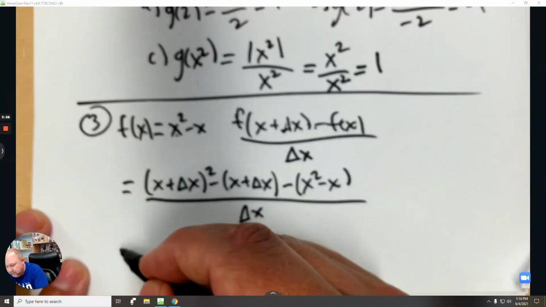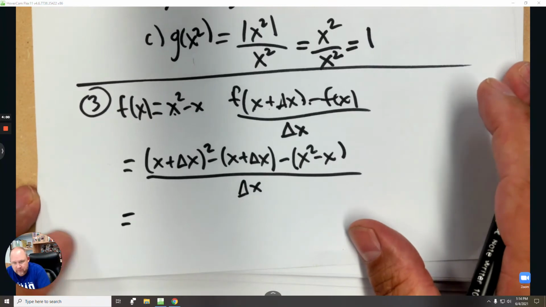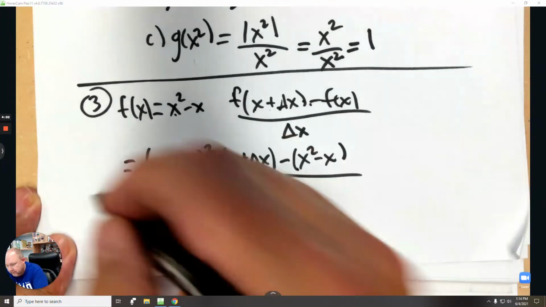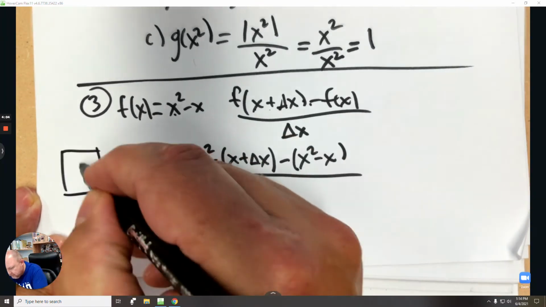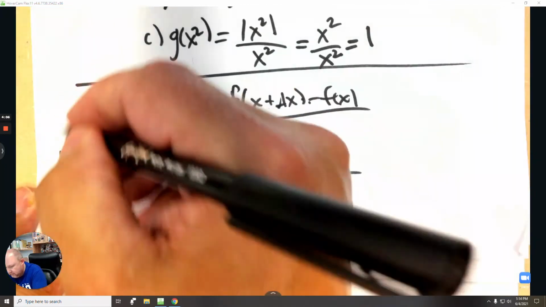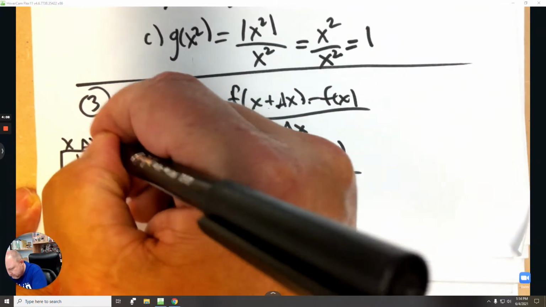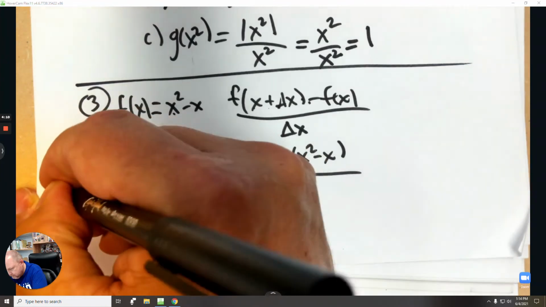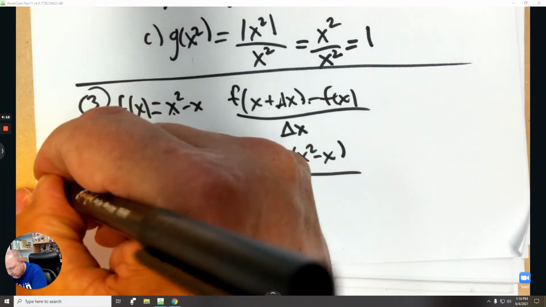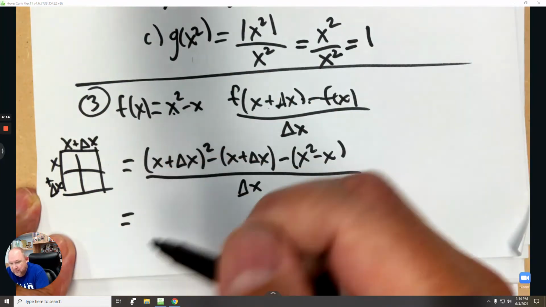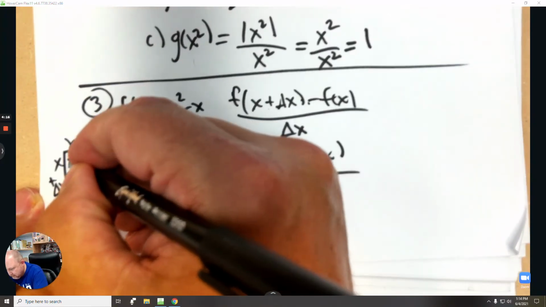Now we do a little bit of algebra and simplifying from what we did. This is a distributed question, so if you need to, some people like doing this when they FOIL. And then we start multiplying. So this is x squared.